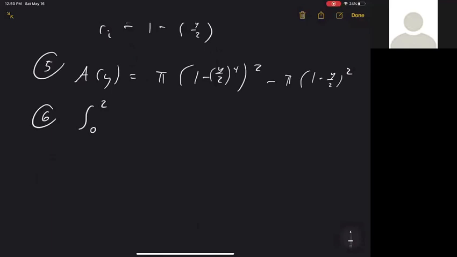All right, now I plug in my stuff from my area function.